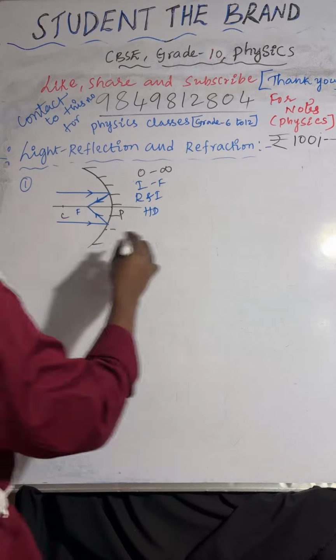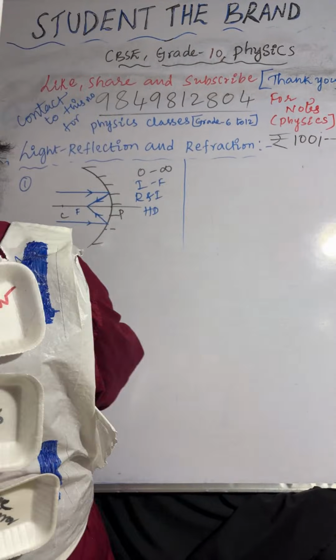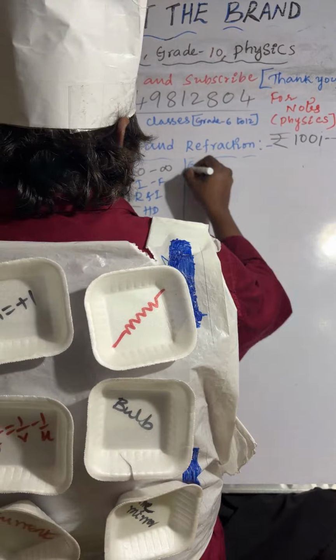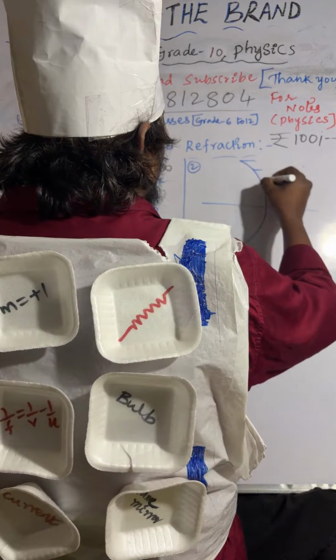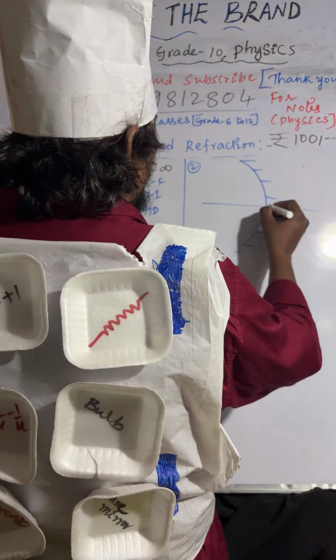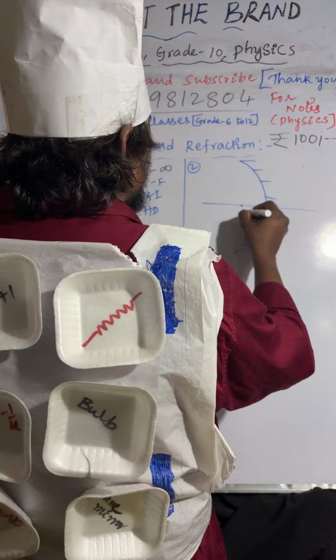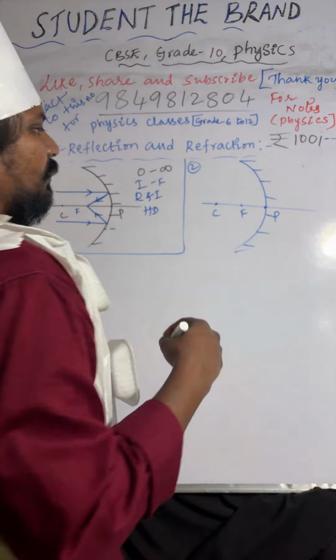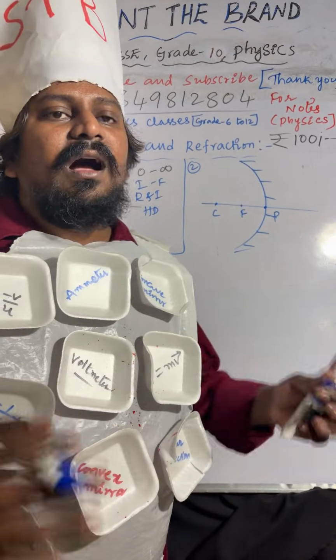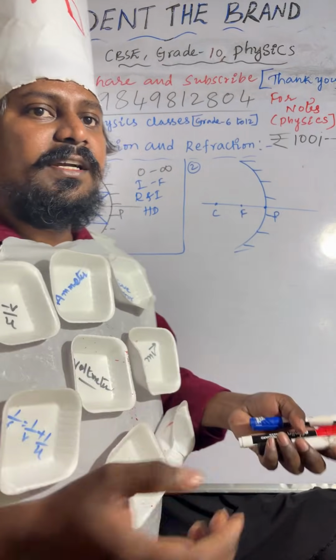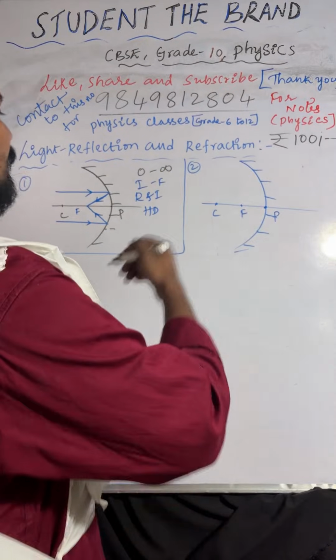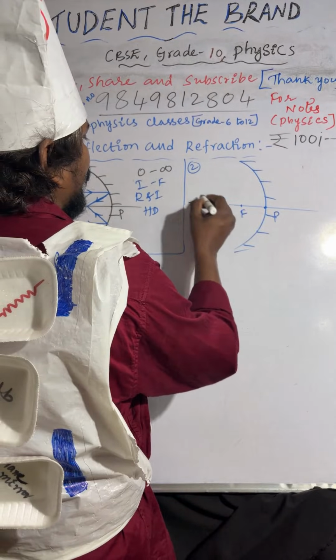So that is point number 1. Coming to point number 2. Here you can see pole, focus and center of curvature. Object is placed beyond center of curvature. So here I am placing the object.